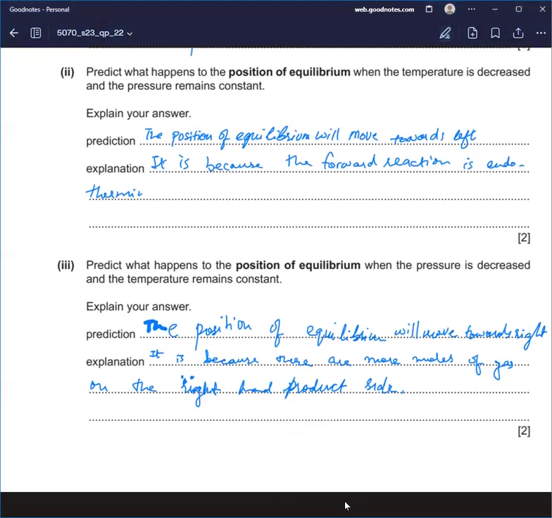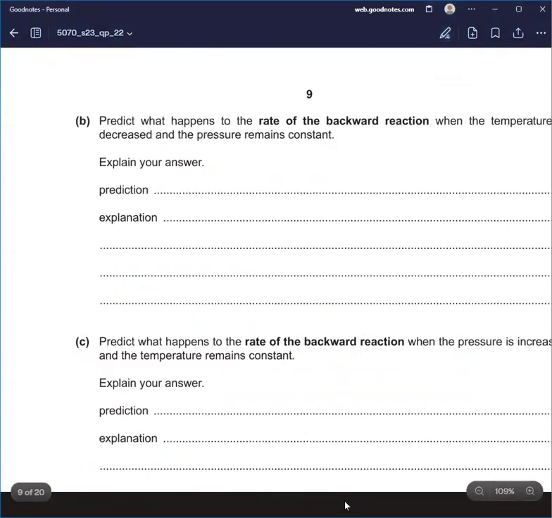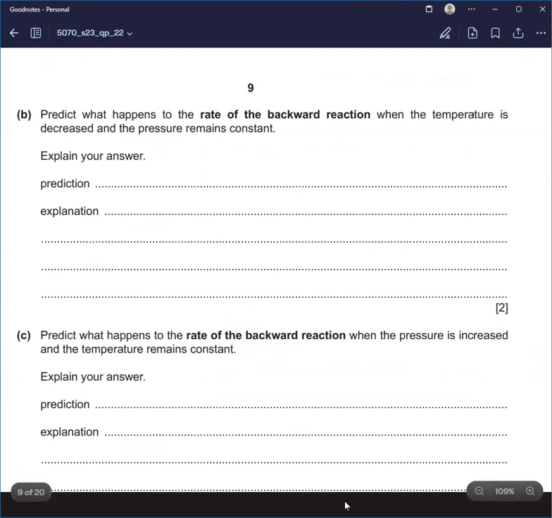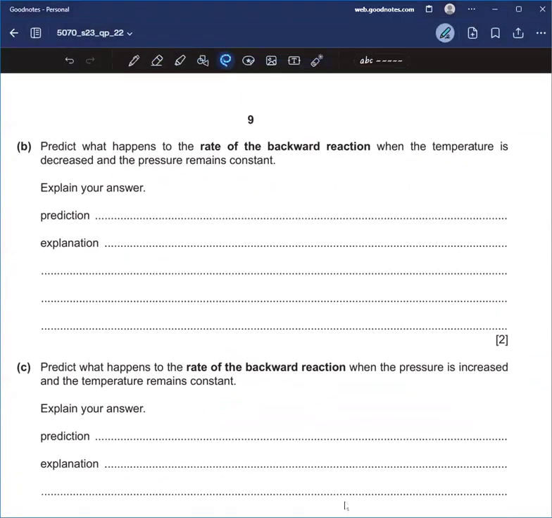All right, let's move towards the next question. Part B. Predict what happens to the rate of backward reaction when the temperature is decreased and the pressure remains constant. As I told you, the backward reaction is exothermic.